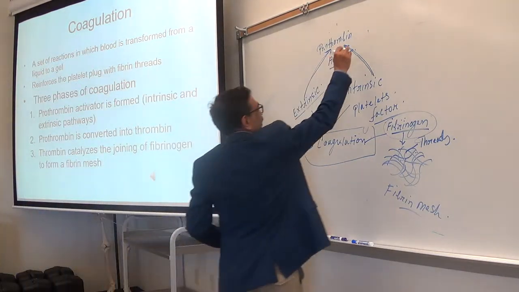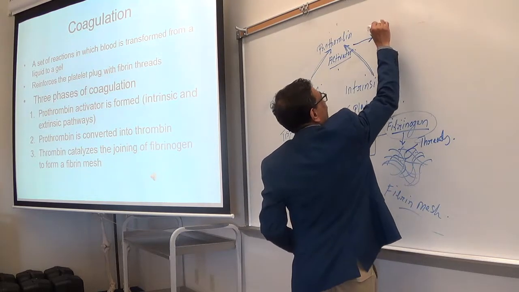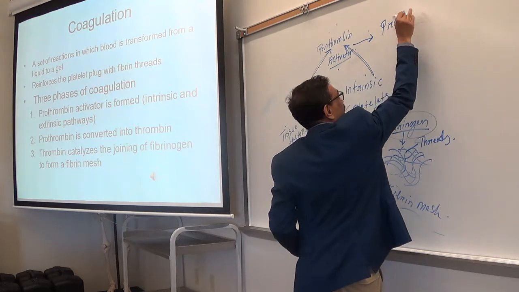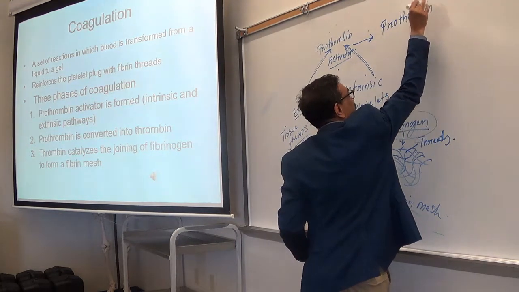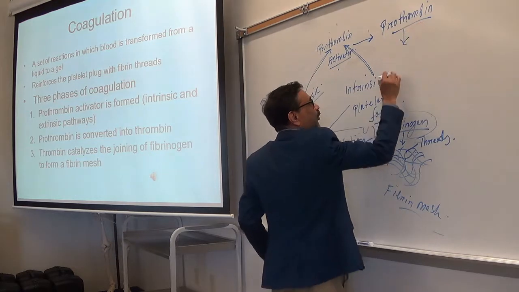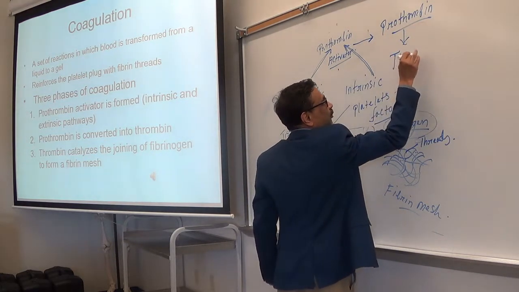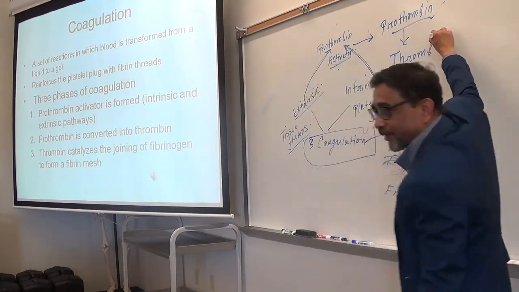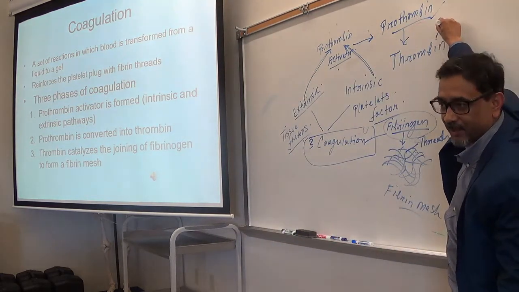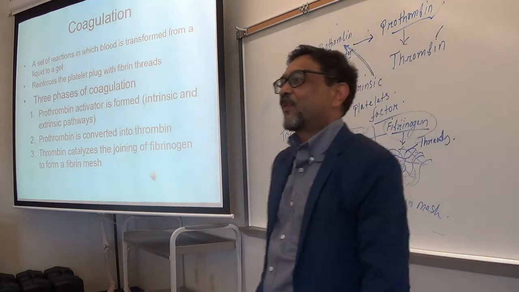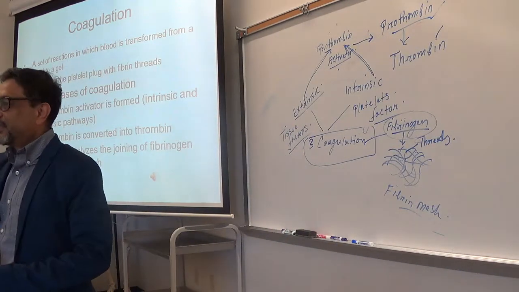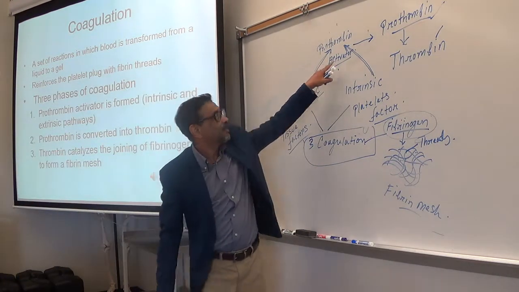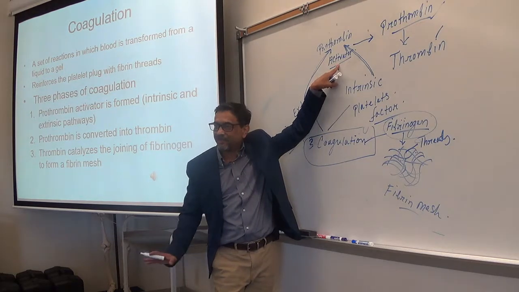So prothrombin activator activates inactive prothrombin to active thrombin. So this is inactive, this is active. Make sense? To convert inactive prothrombin to active thrombin, you need prothrombin activator. Is it clear?